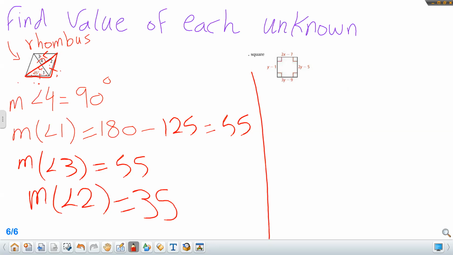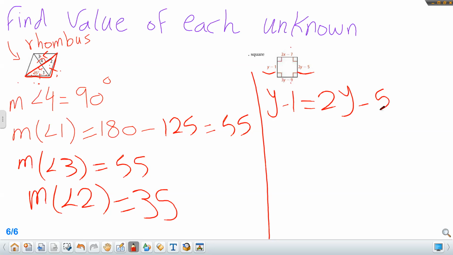Figure number 2. Here you have a square with four sides, but two unknowns, x and y. How to find them? First, make an equality between any two sides: y minus 1 equals 2y minus 5. This is an equation.